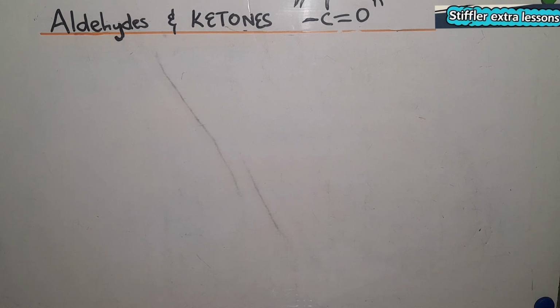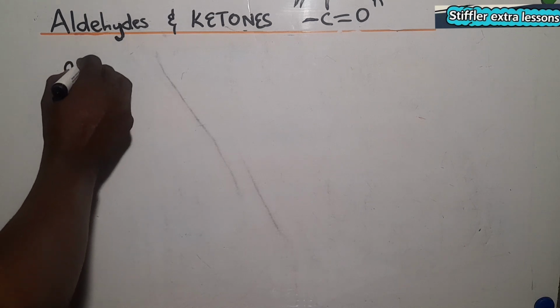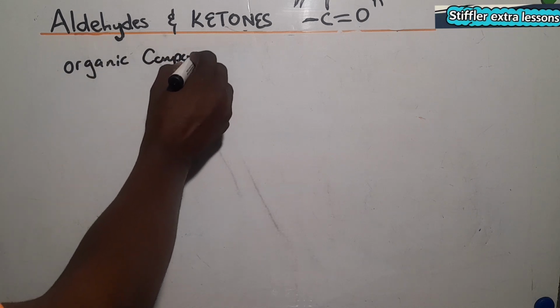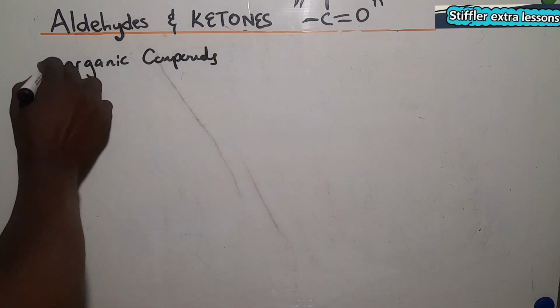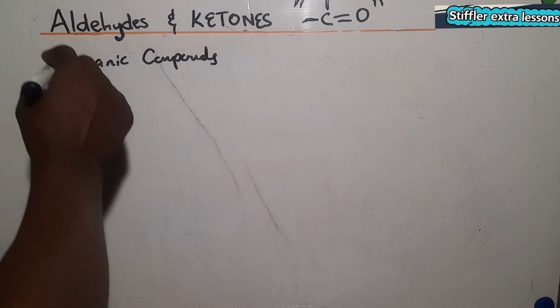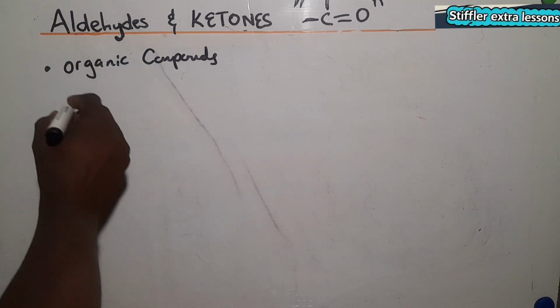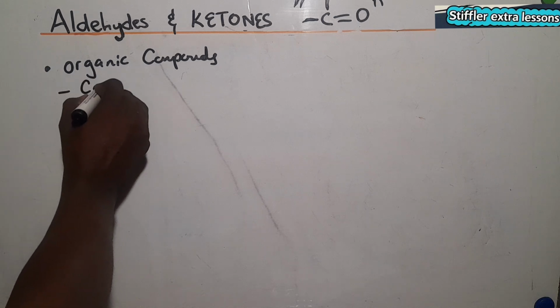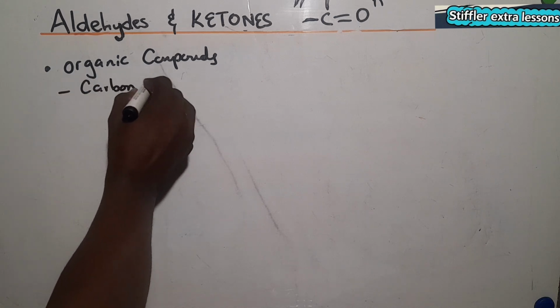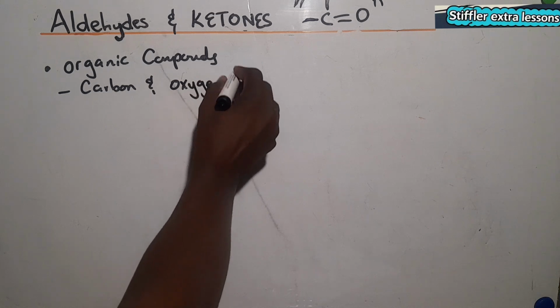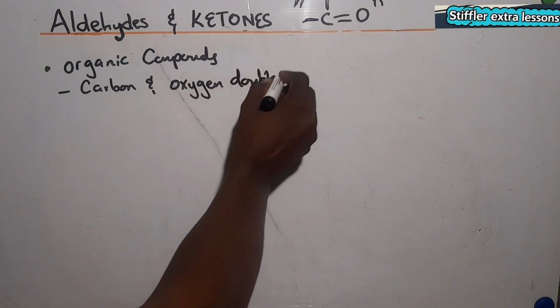These aldehydes and ketones are organic compounds that contain a carbon-oxygen double bond.